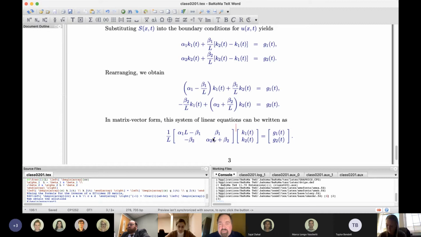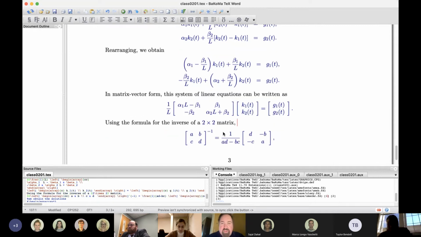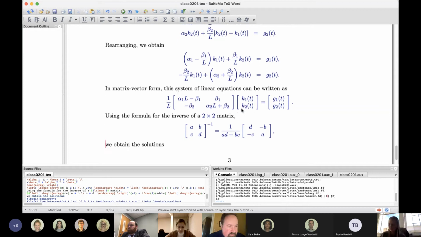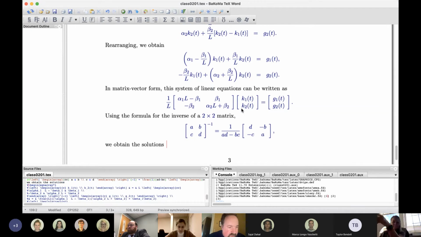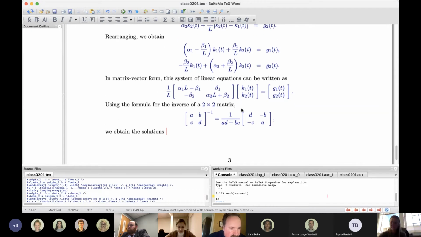Now I can solve this system of equations for k1 and k2, and since I have just a 2x2 system, I can use the formula for the inverse of a 2x2 matrix, where here I have a, b, c, and d. That would give me formulas for k1 and k2 in terms of g1 and g2. I've worked through all the algebra on that. Kind of a mess.